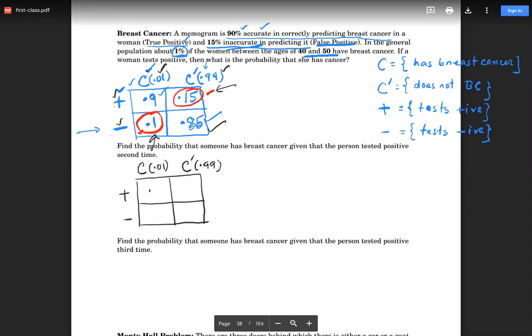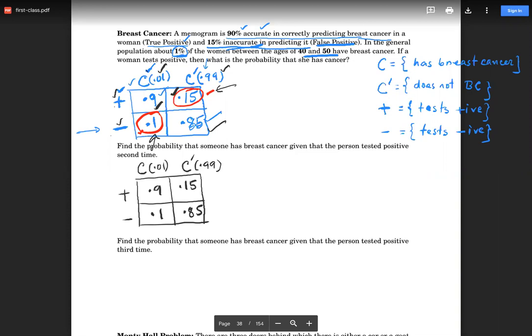And this is 0.9, this is 0.1, this is 0.15, and this is 0.85. The diagonal from bottom left to top right, that's the incorrect diagnosis that you want to avoid, these red ones. And the diagonal from top left to bottom right, that's the correct diagnosis, all right?